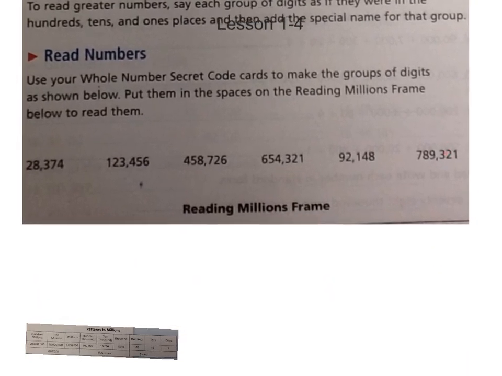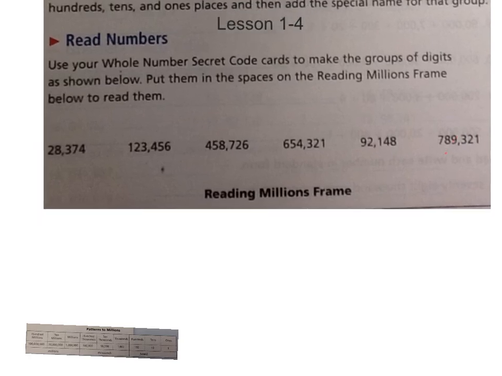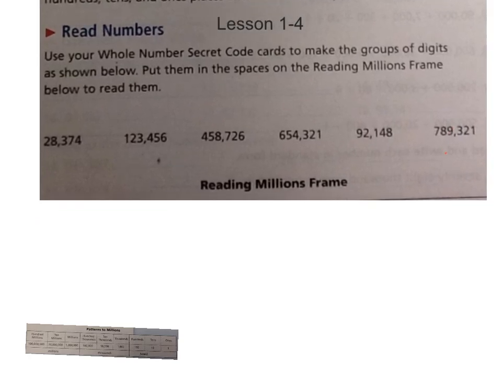So use your whole number secret code cards to make the groups of digits as shown below. Put them in the spaces on the reading millions frame below to read them. So this is what I want you to do. I want you to go back to your seats. I want you to get out your number secret code cards that you cut out the other day.